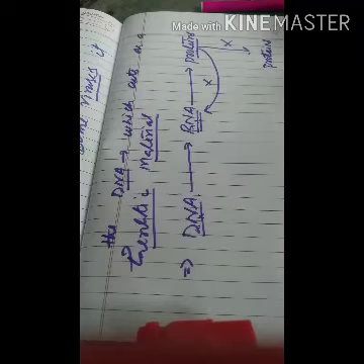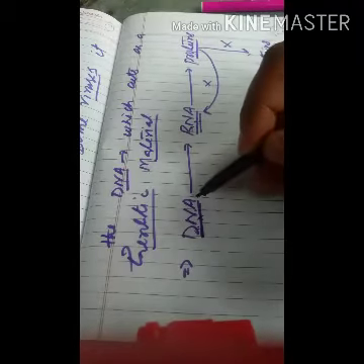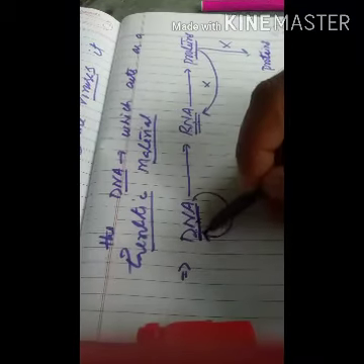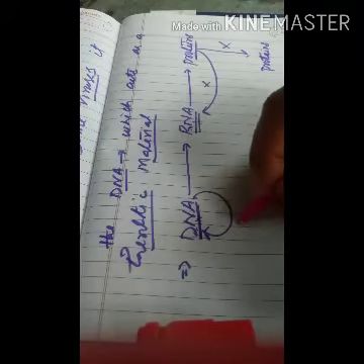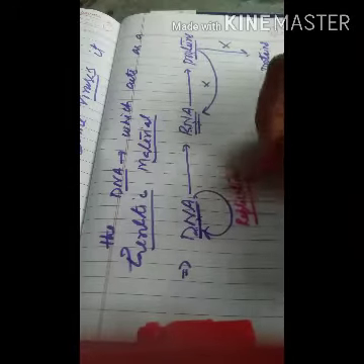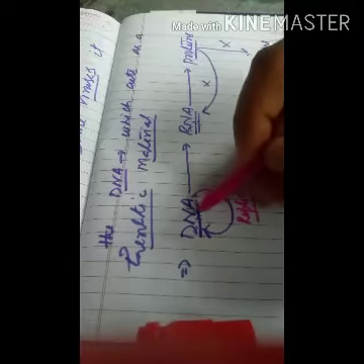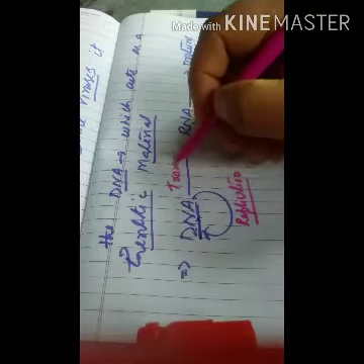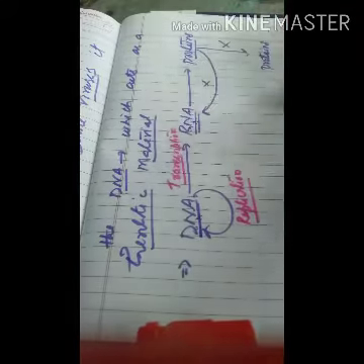Another process is added here. If DNA is the genetic material, DNA also synthesizes its own copy by a process known as replication. By a process of replication, DNA synthesizes its own new copies, and from DNA by a process known as transcription, RNA is synthesized.